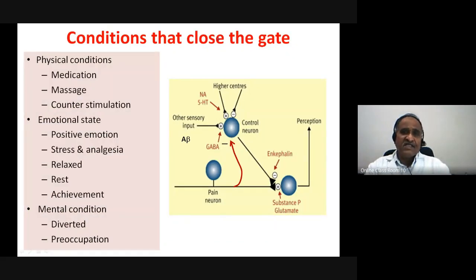Now, these are the conditions that close the gate. You just look at that. The physical conditions: application of a medication at a local level or at the neural level or at the synaptic level. These medications may be simple non-steroidal drugs like aspirin, paracetamol, or any other drug.